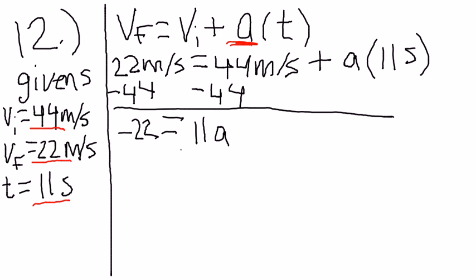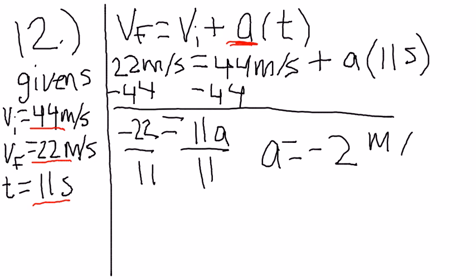And then you just divide by 11 on both sides, and you get acceleration is negative 2 meters per second squared, which makes sense because they say that it's decelerating, so the value is negative. So far, so good. I'm going to write that in on the givens side. Keep in mind for the next formula we're going to use: negative 2 meters per second squared.